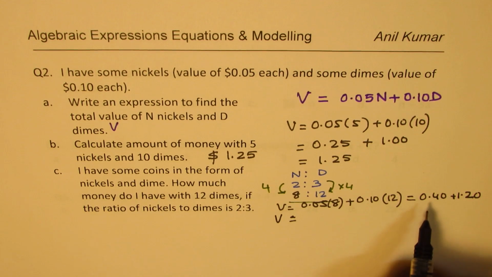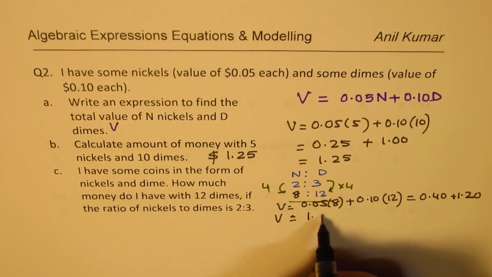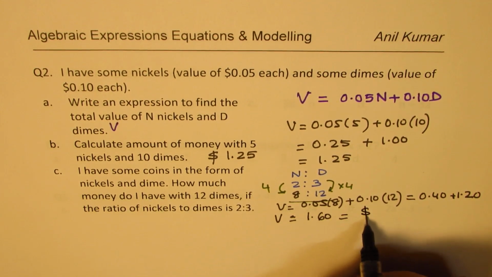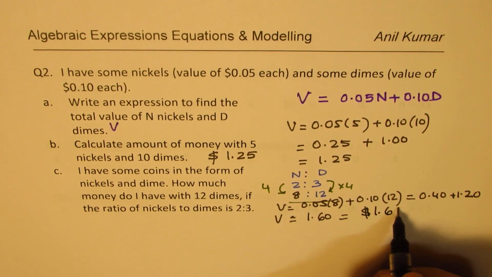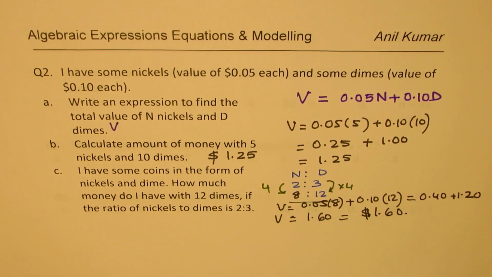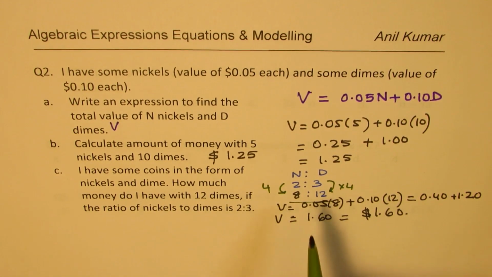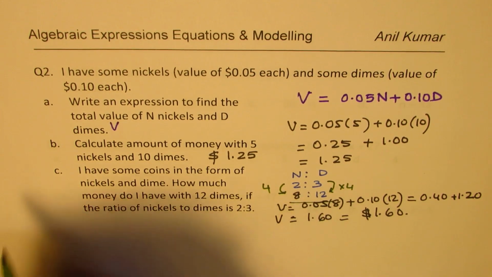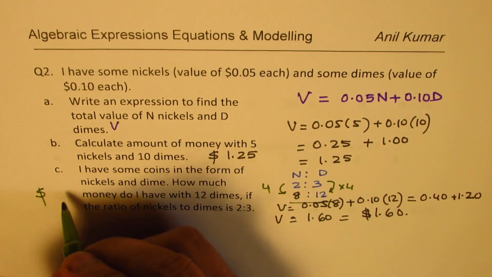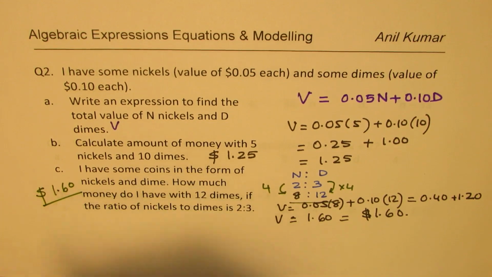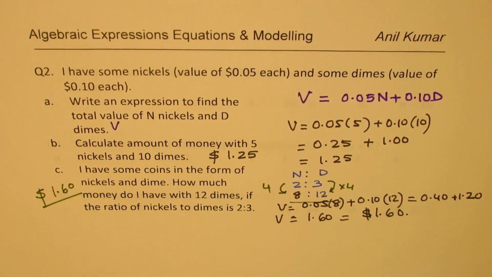So we get the value this time as $1.60. So that becomes our answer for part C. So 12 dimes will give us $1.20 and 8 nickels will give us 40 cents. So we get $1.60 as the total amount of money.